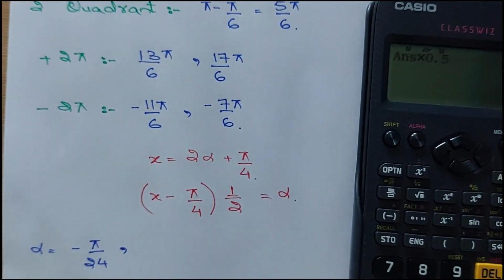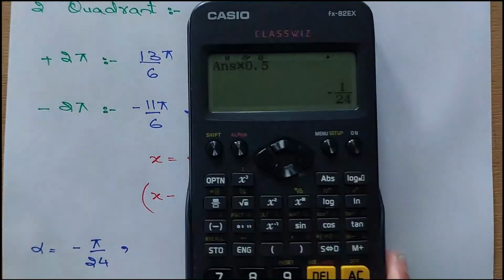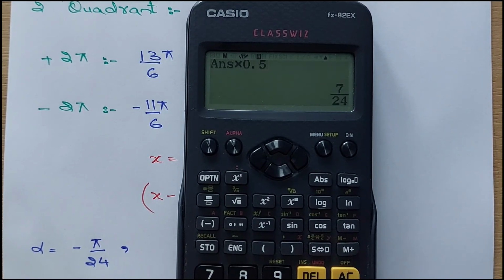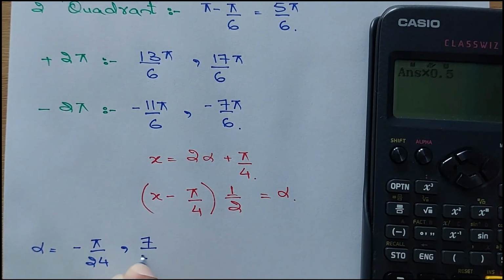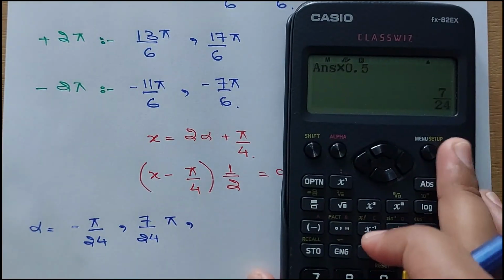Next is 5 by 6, and then subtract pi by 4. 5 divided by 6, minus 1 divided by 4, times 0.5. This is 7 by 24 pi. Okay, the next is 13 pi by 6.